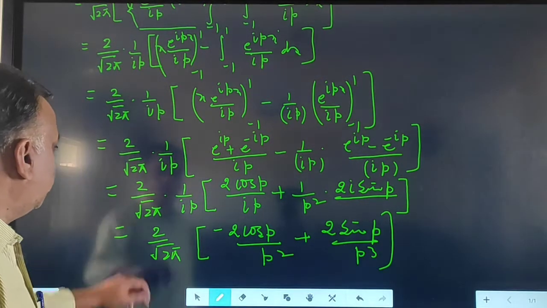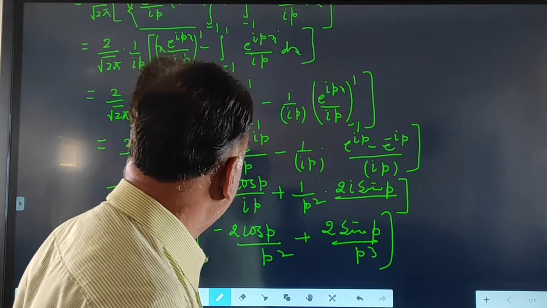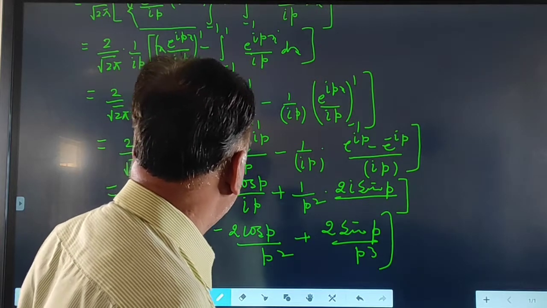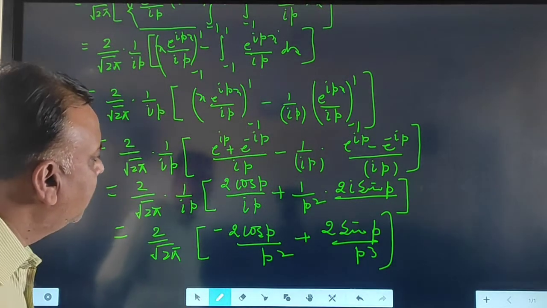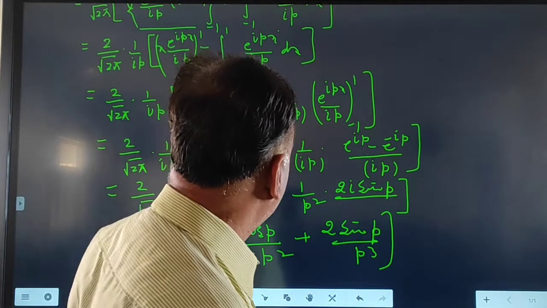So this is equal to 2 upon root 2 pi, 1 upon iota p, this is 2 cos p upon iota p, minus plus 1 upon p square.